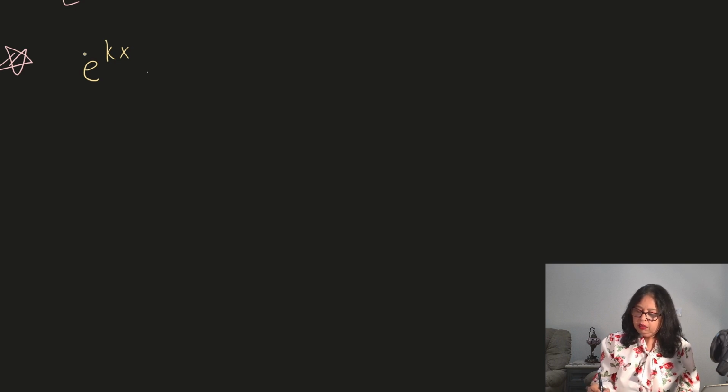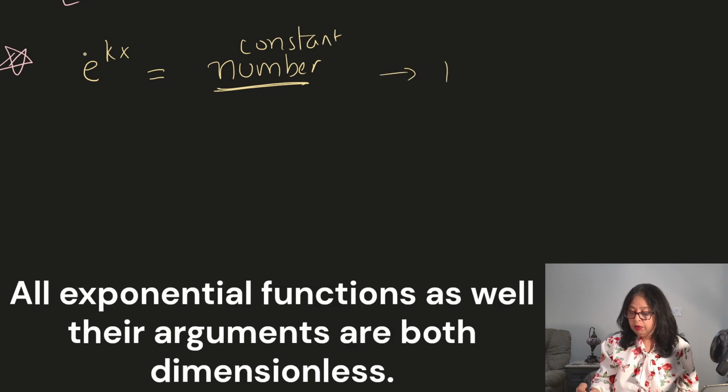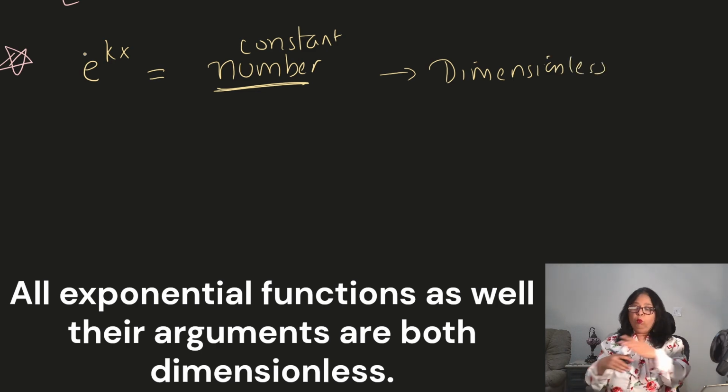Then this is going to give you some kind of number. And a constant number is always dimensionless. So anytime you're taking exponential of whatever, this is going to be a dimensionless quantity.